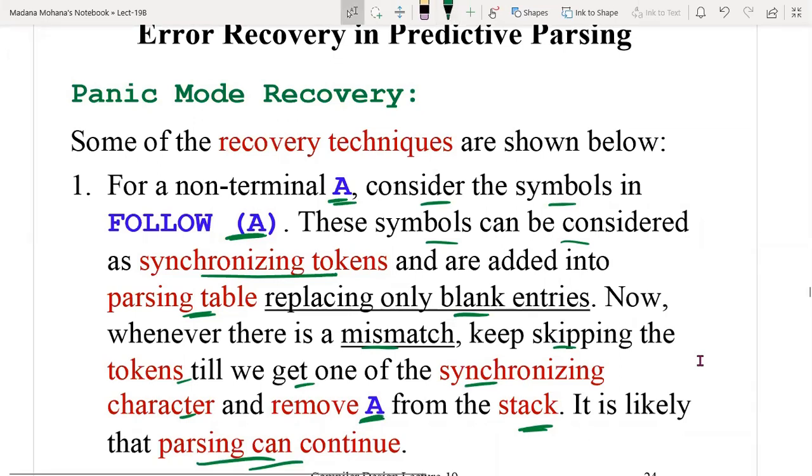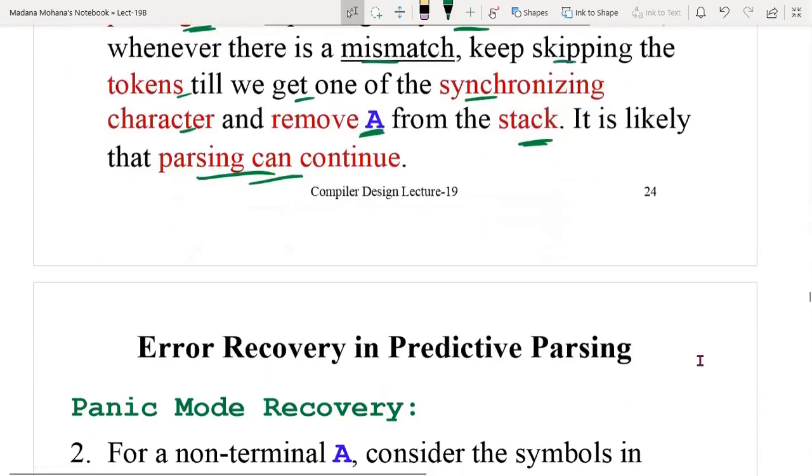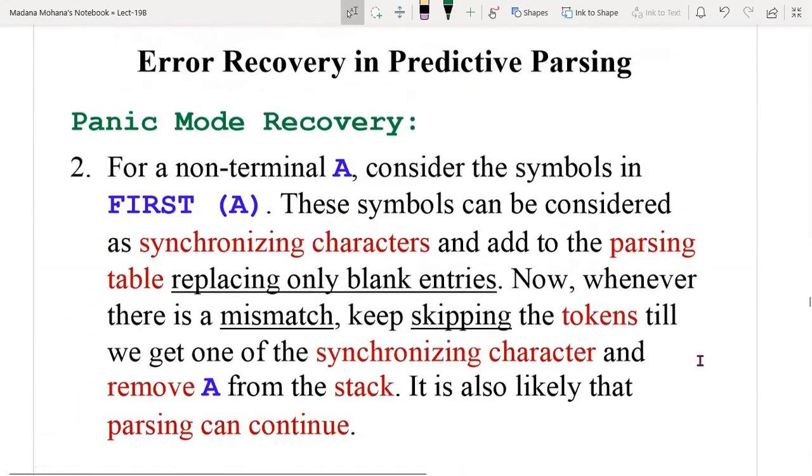Parsing can be continued temporarily, but later the programmers can overcome these errors. Now the second technique used in panic mode recovery: for the same non-terminal A, consider the symbols in first of A. Previously we considered follow values; now you can consider first values. These symbols are considered synchronizing characters and added to the parsing table, replacing only blank entries.